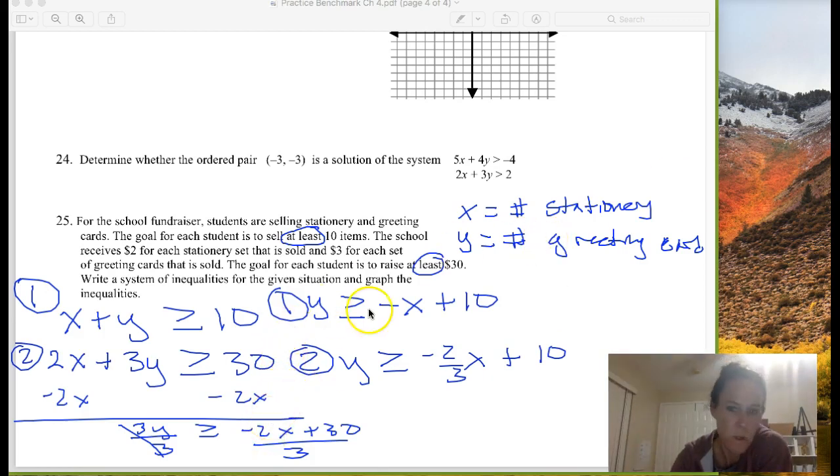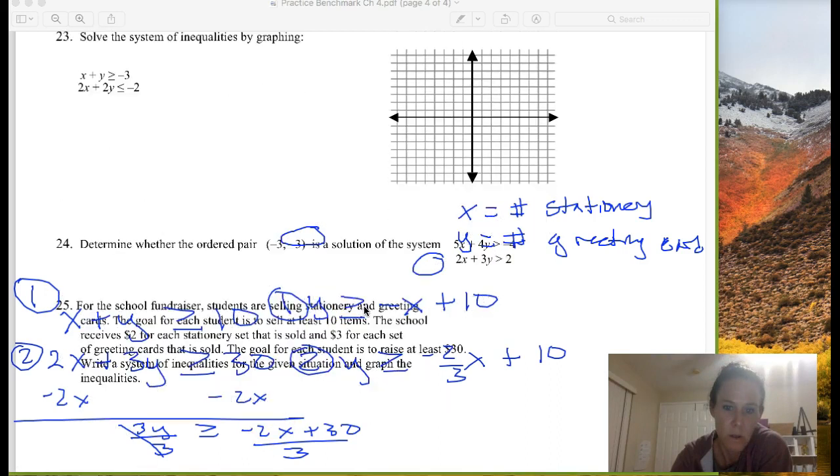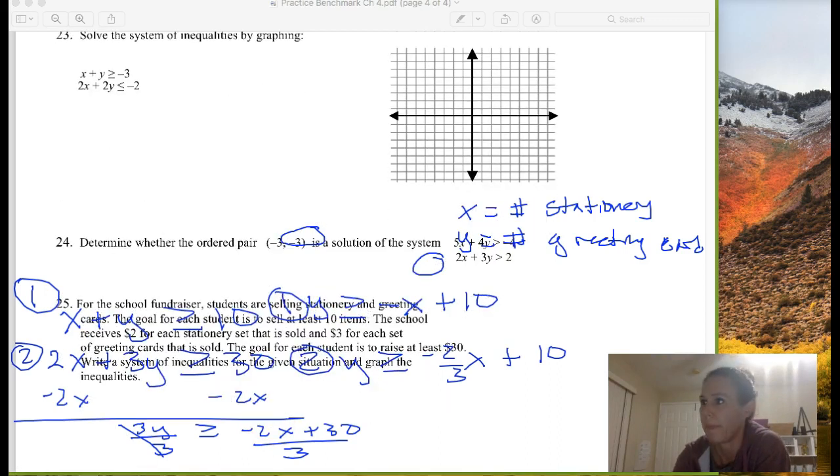and graph it here. Okay. So I'm going to go all the way up to 10. 1, 2, 3, 4, 5, 6, 7, 8, 9, 10. Here's 10. There's my y-intercept for that first one. And my slope, I know it's hard to see here because it's over the writing, but my slope here is negative 1.